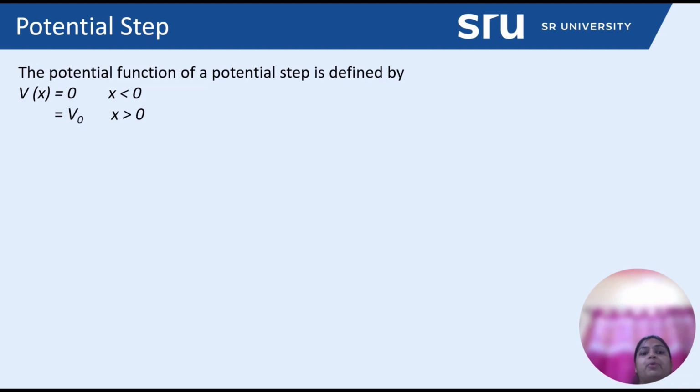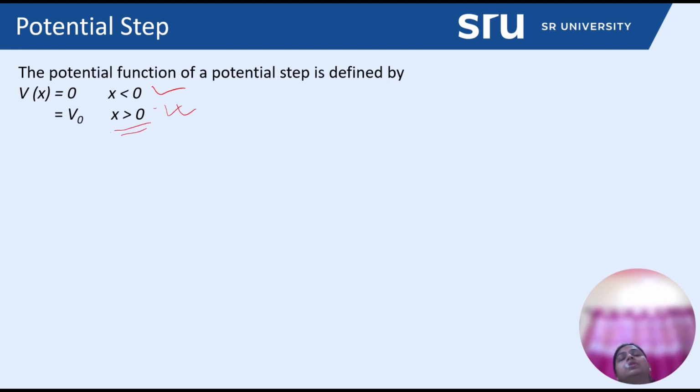For the potential step, let us consider the potential function defined by V(x) is 0 for x less than 0, and V equals V naught for x greater than or equal to 0.